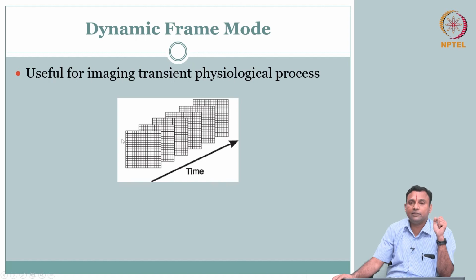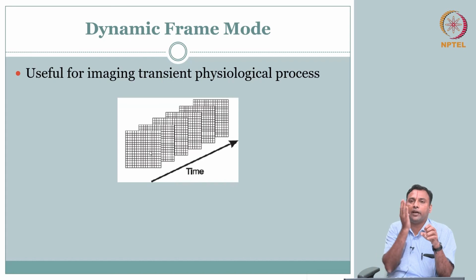So I can synchronize this with an external trigger, for example cardiovascular, which we'll see in the next slide. I can get the ECG, so I know with high precision which part of the ECG, which part of the heart cycle, I am imaging.